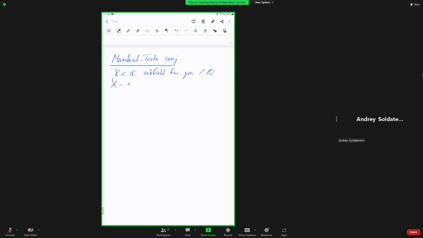And then our X is smooth projective over this K.